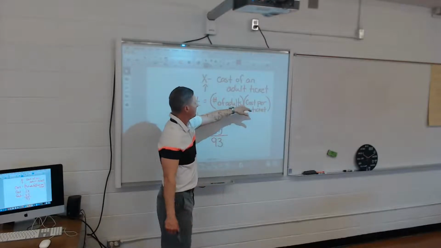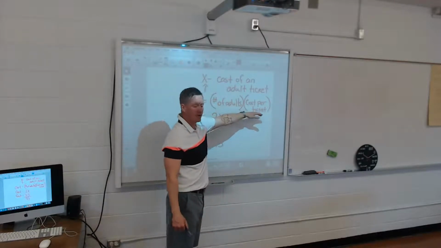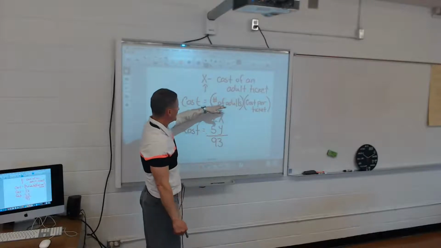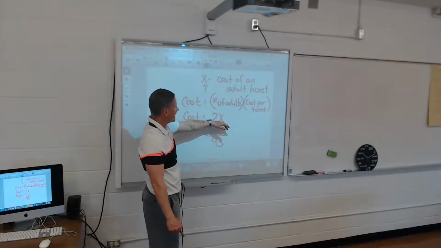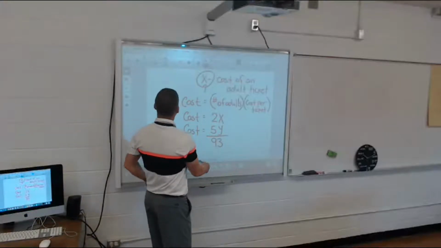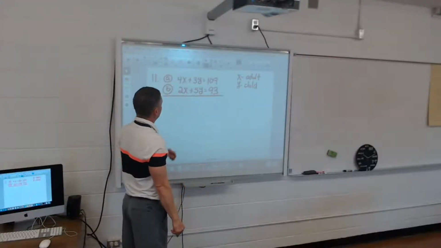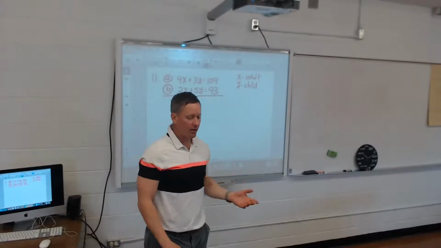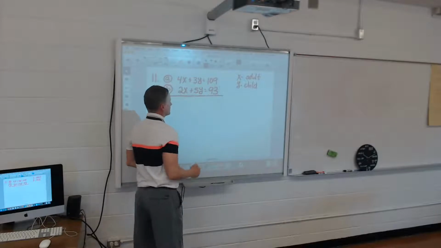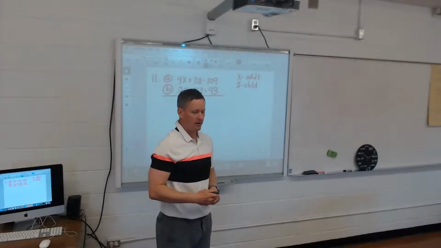But the number of adults and the cost for an adult was different than the children, so I go 2X plus 5Y equals 93. In the first one, I had 4 adults, 3 children, and it cost $109.